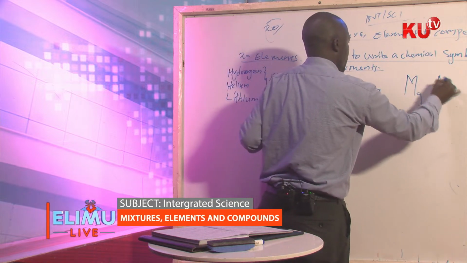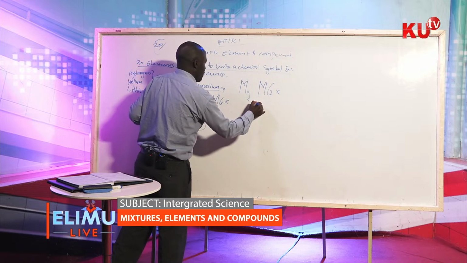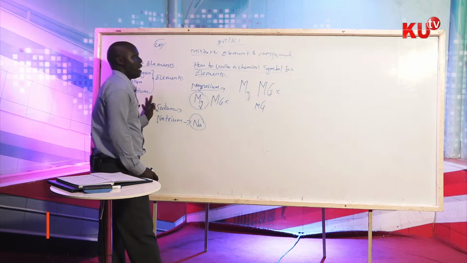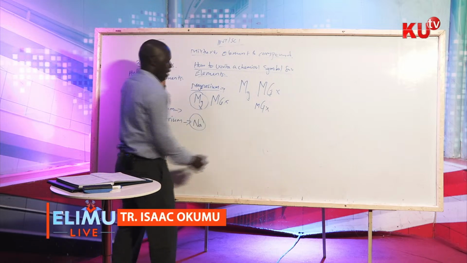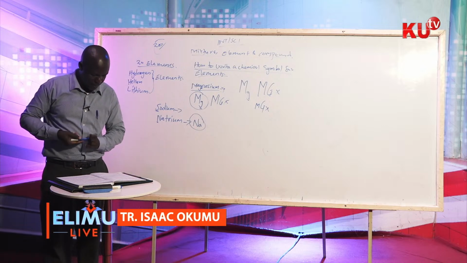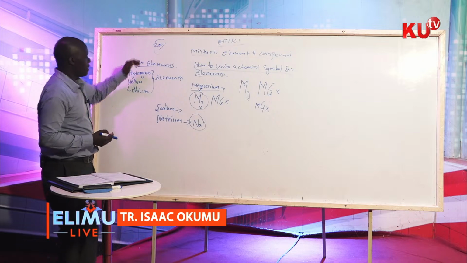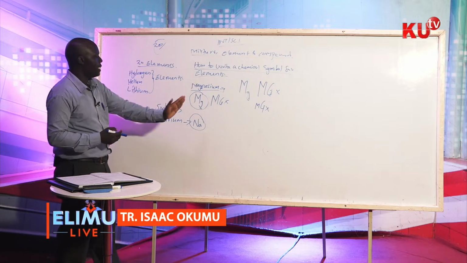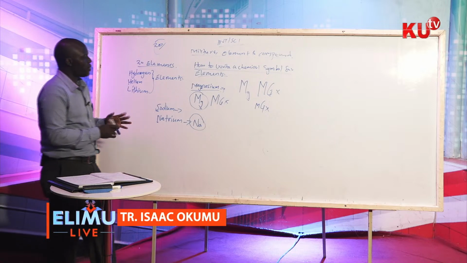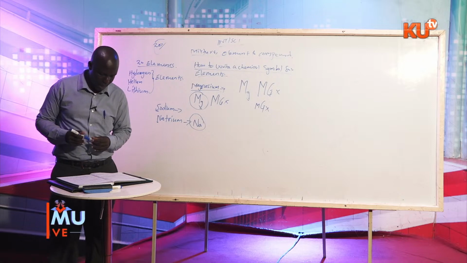But if you write this, then this is very wrong. And again, if you write M and the second is also the uppercase, this is also wrong. So the second letter is not necessarily the second letter of the name, but it can be the second, it can be the third, depending on how it forms the chemical symbol of that element.